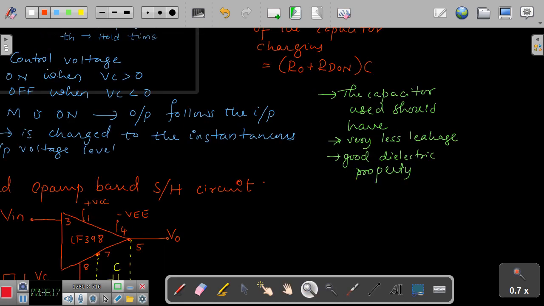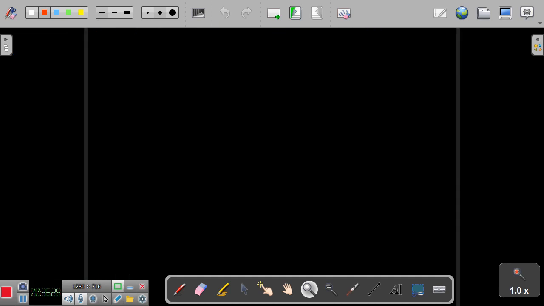Okay. So now, as a part of this sample and hold circuit, let us discuss one more simple concept, which is referred to as the peak detector. These are all very important practical applications if you want to carry out some simple projects, right?